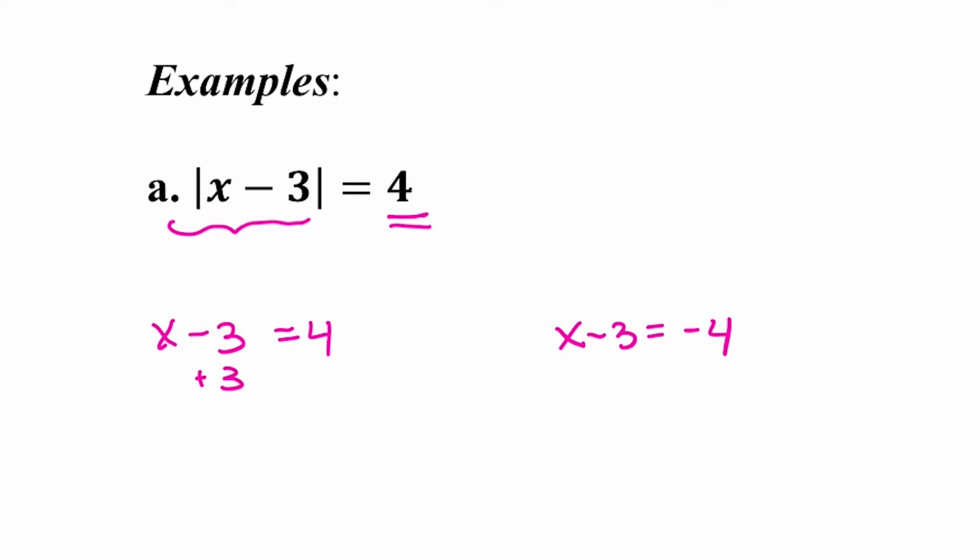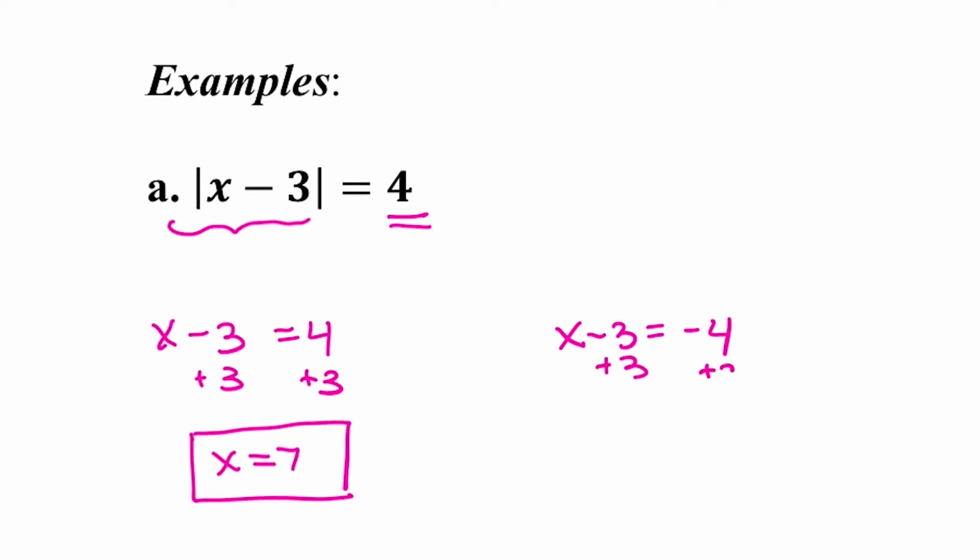Over here, we'll just add 3 to both sides, and we get that x is equal to 7. Over here, I'll add 3 to both sides and get that x equals negative 1. So that is my other answer. And so if you check by plugging those in, 7 minus 3 is 4, and the absolute value of 4 is 4.